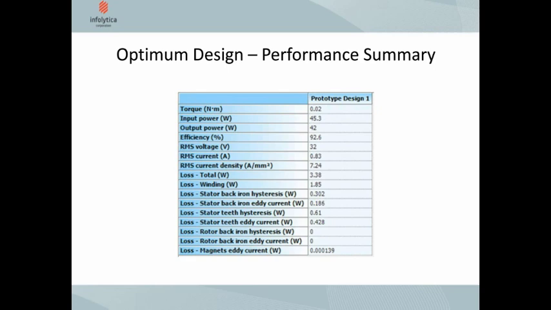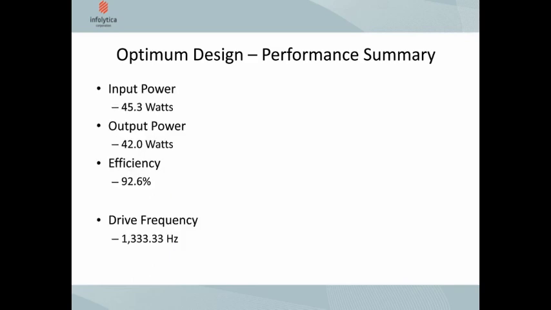As a summary, you can see here that we have a little bit over 45 watts of input power, 42 watts of output power with the efficiency of 92.6%. The drive frequency is a little over 1,300 hertz.